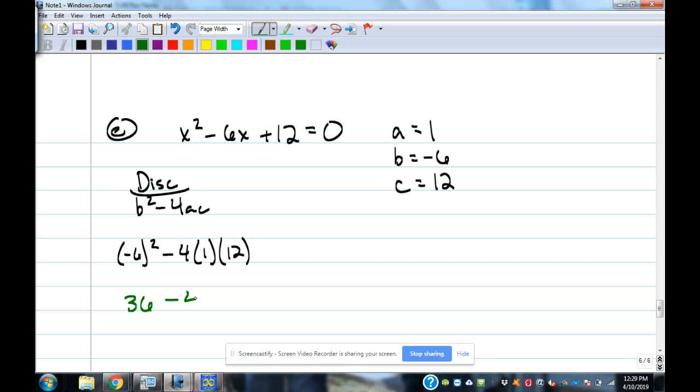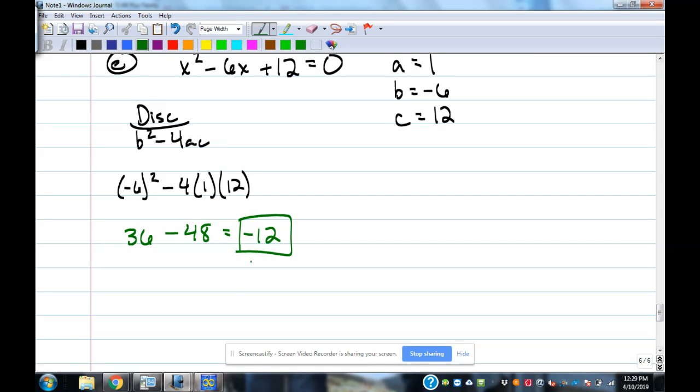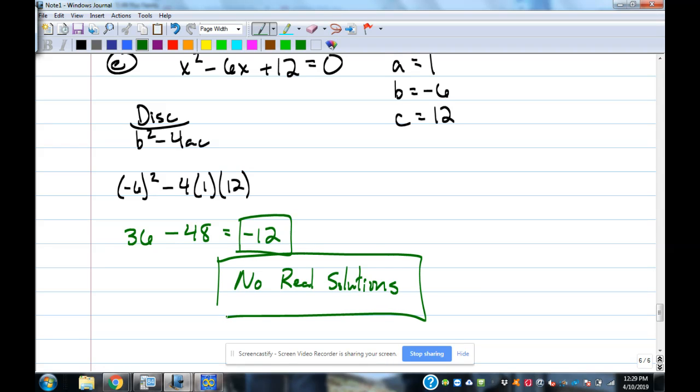So it's a minus 48. Because that's still negative. -4 times positive 12 is -48. We got 36 minus 48. -12. Okay, so there's my discriminant. What do we know about a negative discriminant? No real solutions. And we're done. We don't have to do the other part.